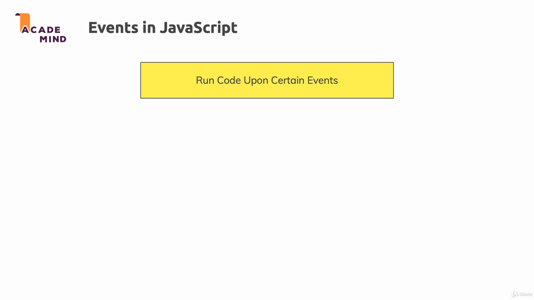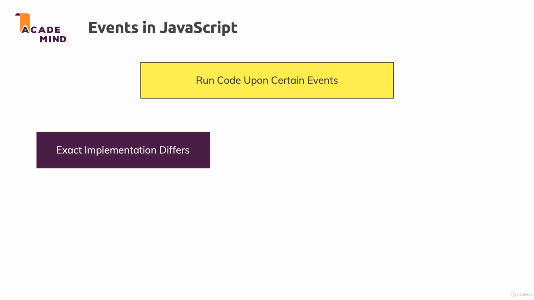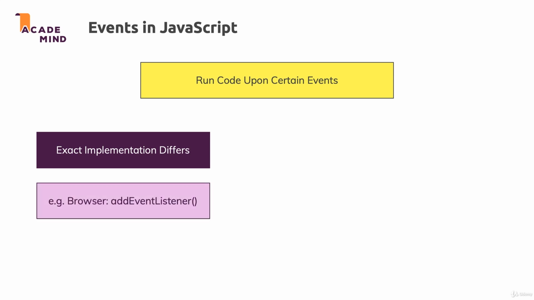There are a lot of events you could think about that should trigger some code to run. We could also think about more abstract events that could happen on a server, like an incoming request or some scheduled task which should run every X hours and is triggered by some timer. So the exact implementation, of course, differs between programming languages, but also inside of JavaScript, it differs between the browser side and, for example, the server side with Node.js.